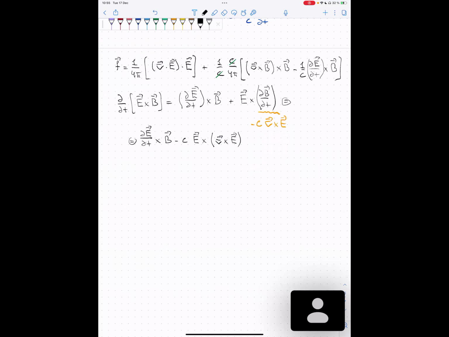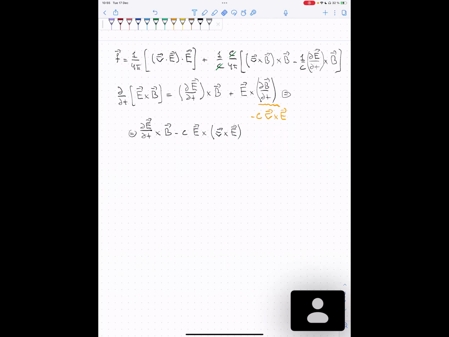So we can rewrite the expression for the optical force, or the Lorentz force, as follows.